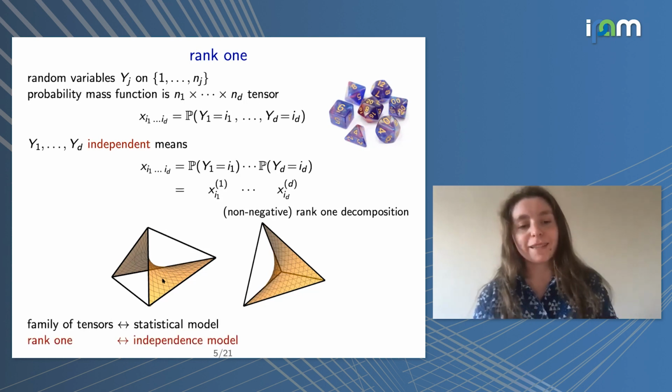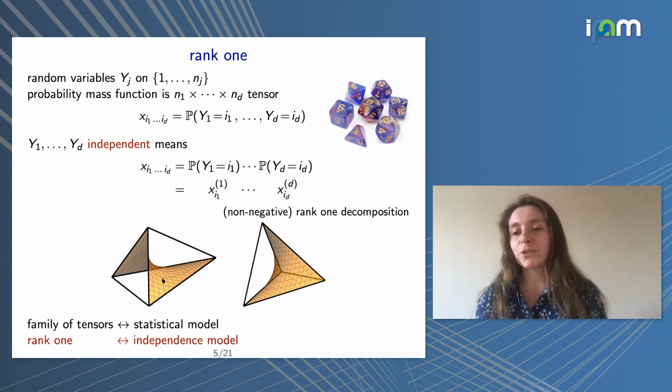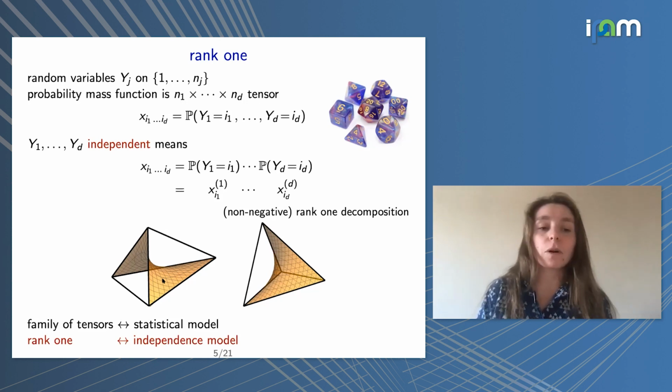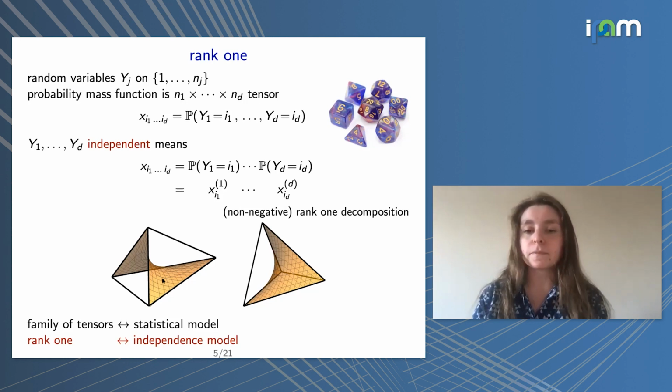Okay, so in the previous slide, I was saying we hope that families of tensors that are quite natural correspond to statistical models that make good statistical sense. And here we see the first promising example of this, which is that rank 1 tensors correspond to the independence model.